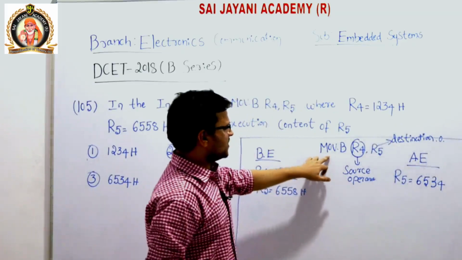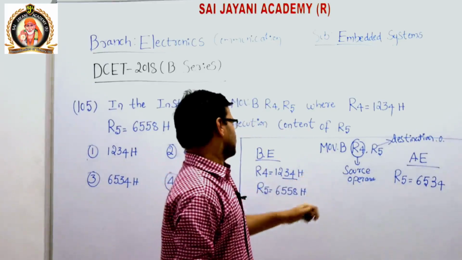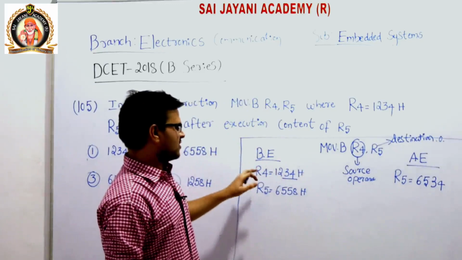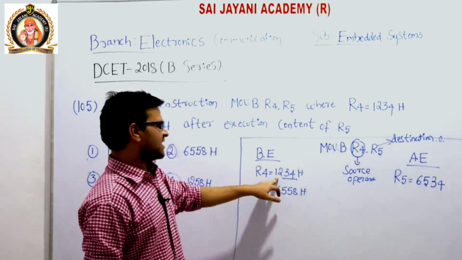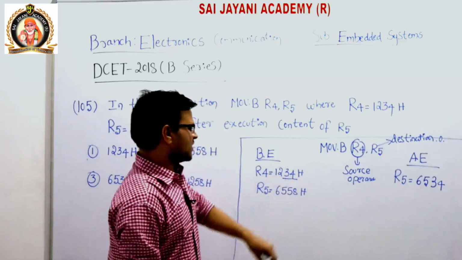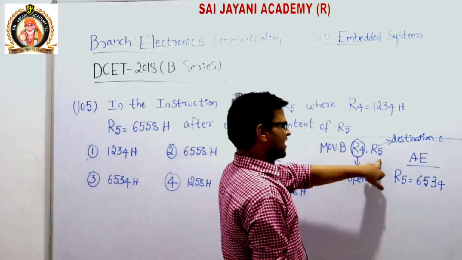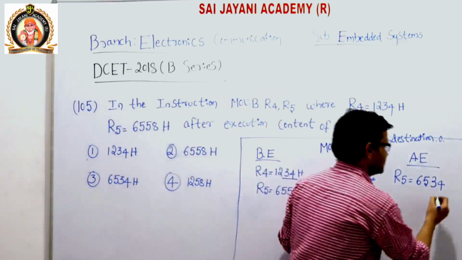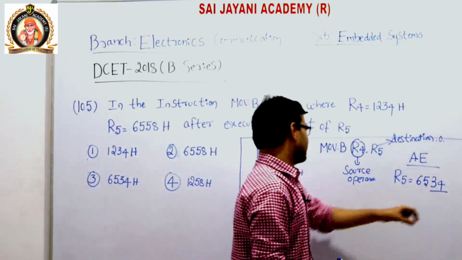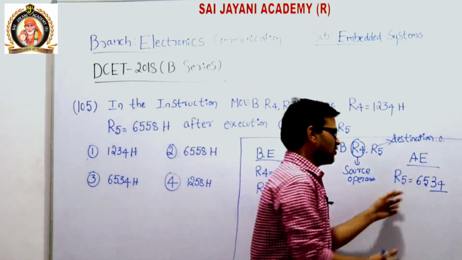Because move.b copies the lower 8-bit value from R4. Before execution, R4 has the value 1234. In this value, the lower 8-bit value, 34, is copied into the R5 register, and the remaining higher 8-bit value, 65, remains constant.